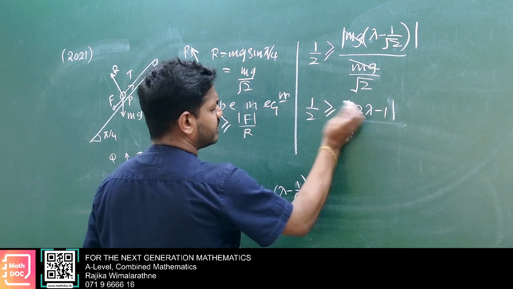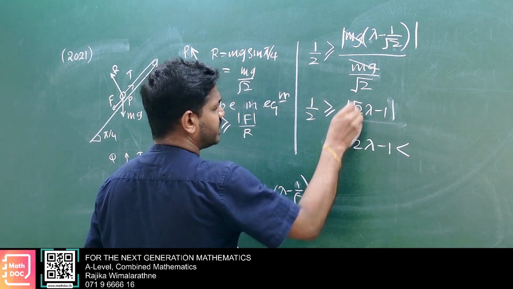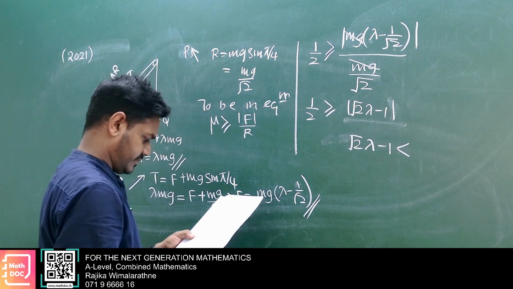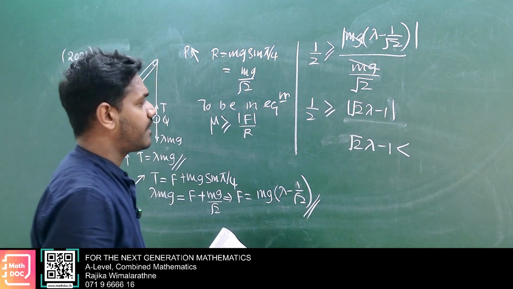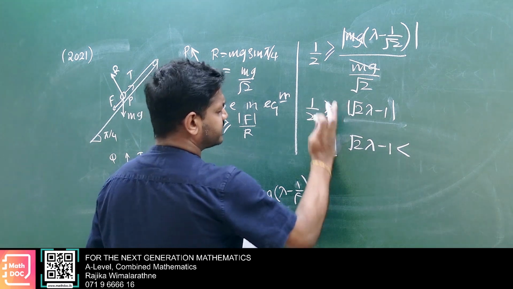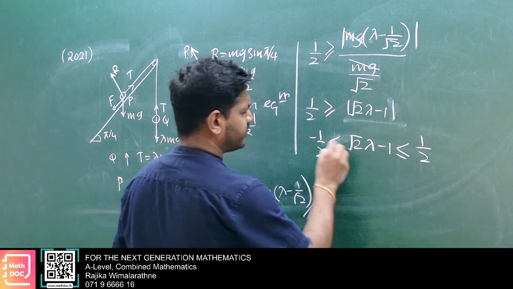Then 2 lambda minus 1 in between minus half to plus half.